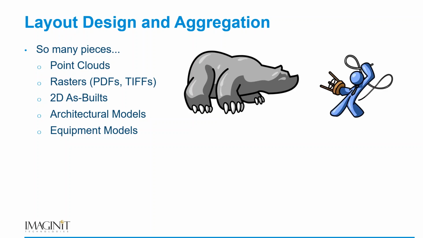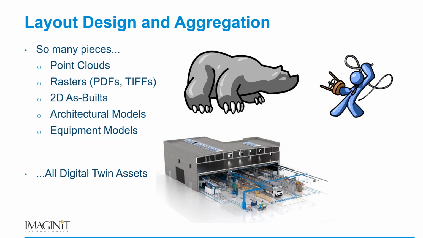You have to get these assets under control, and you have to manage them in a way that's collaborative and makes it easy to disseminate and manage that information. But in the end, these are all digital twin assets, right? So having good digital twin assets will lead us towards a federated factory model, essentially giving us the digital twin we so desire.